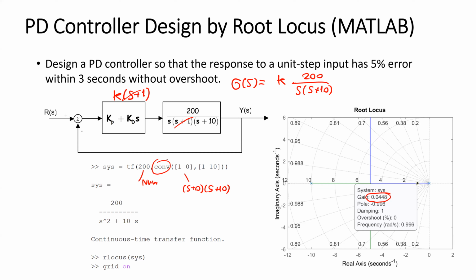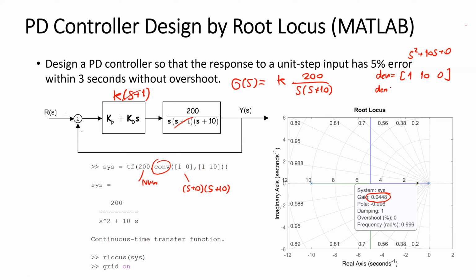Again here I have convolution, right? The new command, convolution. Now it seems like you have 3 possible ways to compose den. You know that den is s squared plus 10s plus 0. You may compose den by 1, 10, 0.